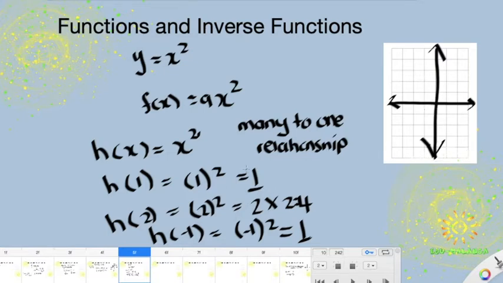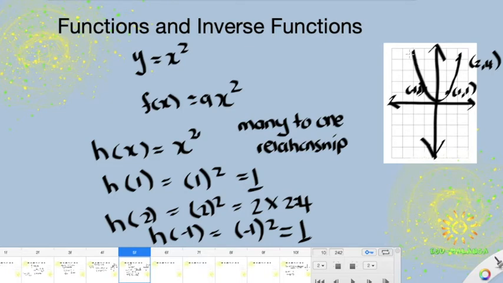So at 1 it is equal to 1, so I go 1, 1. It's so easy to plot when you've got graph paper, so if you can get graph paper, it would really help. At 2 I get 4, so 2 and 4, and then at negative 1 I get 1, so negative 1, 1. Then draw like a smiley face.